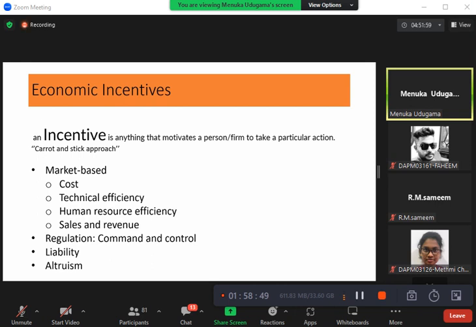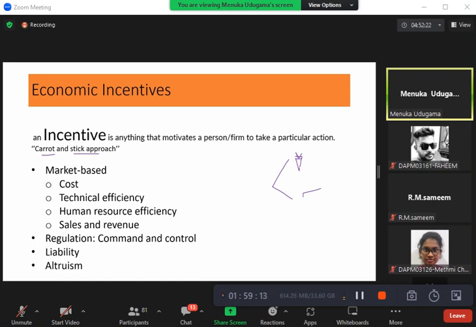So there are two types of economic incentives for a firm or for anyone. One is called carrots. The other is called stick. What's the difference? We know why you would use a carrot. If you show a carrot to the rabbit, what happens?